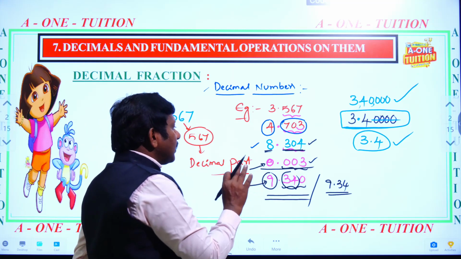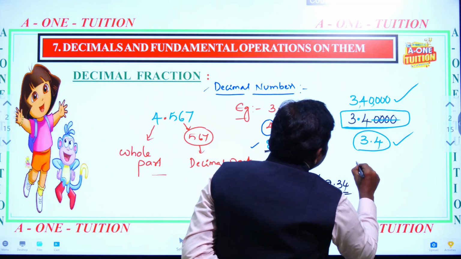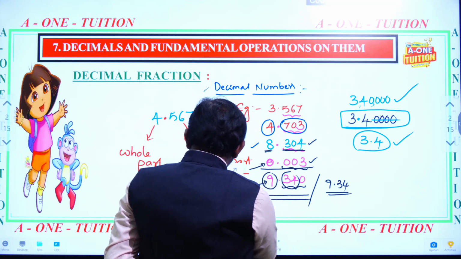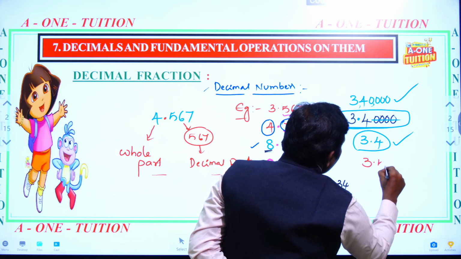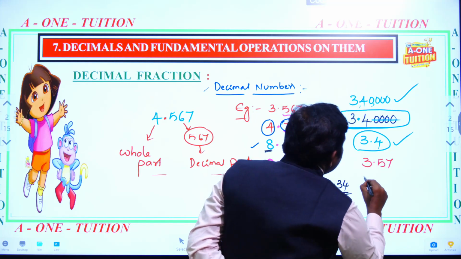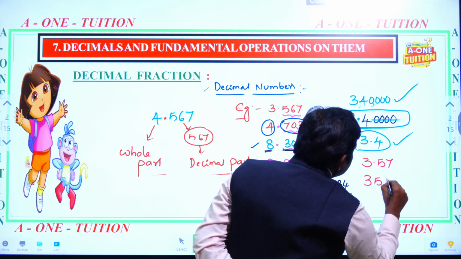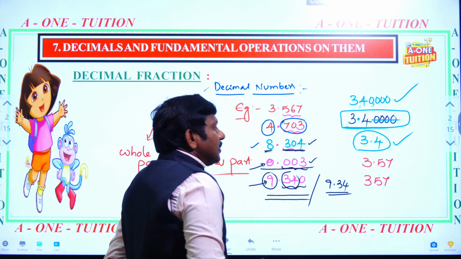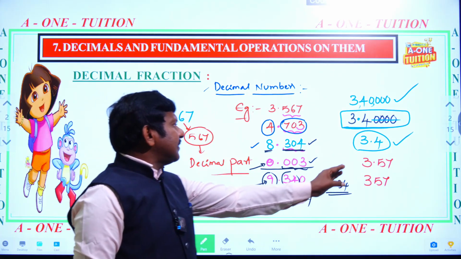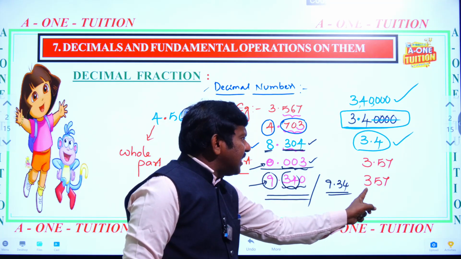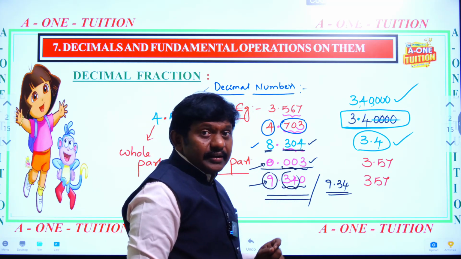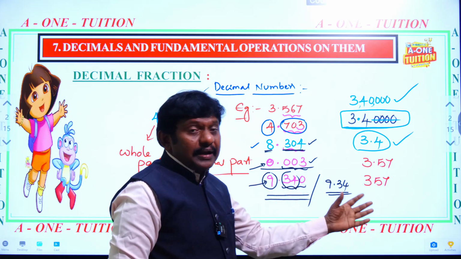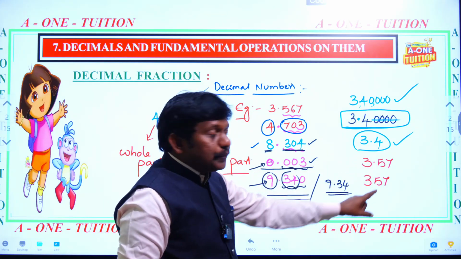And one more thing, let me tell you. 3.57 is there here, and one more example, 357. So what is the notation? The notation is 3.57 here, and here 357 only. How can we read these two?